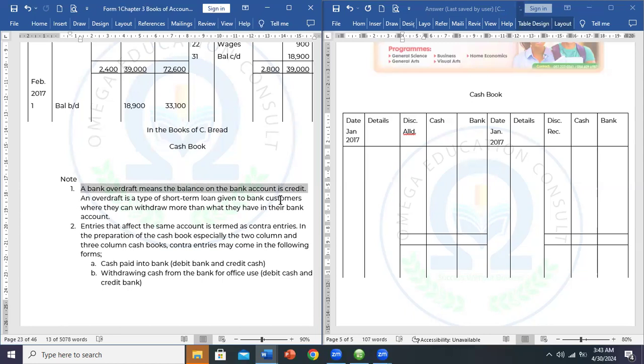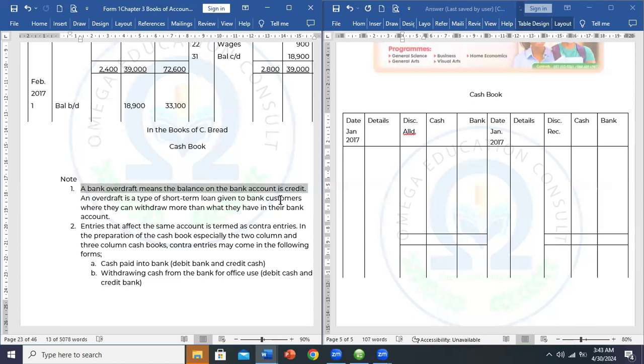So an overdraft is given to current account holders. When you go to the bank, we have types of account. We have fixed deposit, you have savings account, and we have the current account. I'm sure you are familiar with the savings account, but those customers do not get overdraft. It is the current account holders.